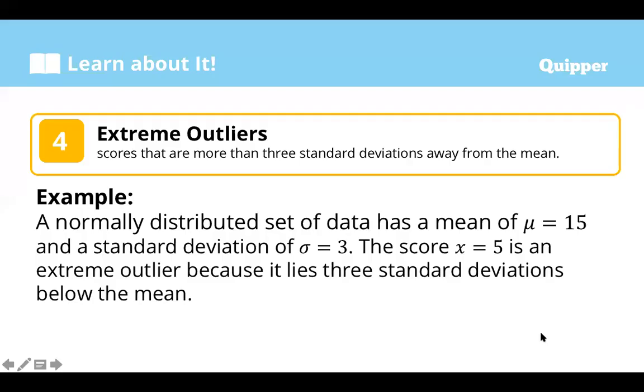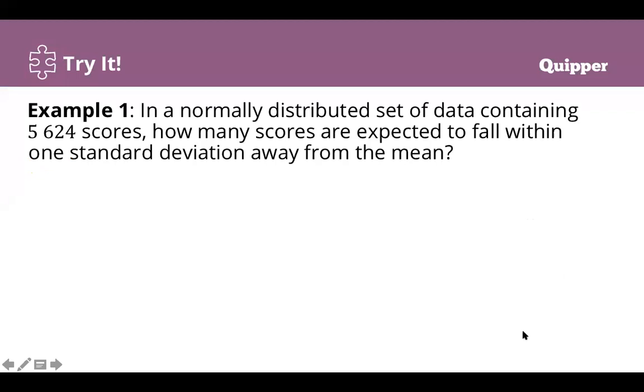And so let us do some exercises. Example number 1. In a normally distributed set of data containing 5,624 scores, okay, how many scores are expected to fall within one standard deviation away from the mean? Okay? So, how many scores kaya ang magfo-fall doon sa ating 1-1?